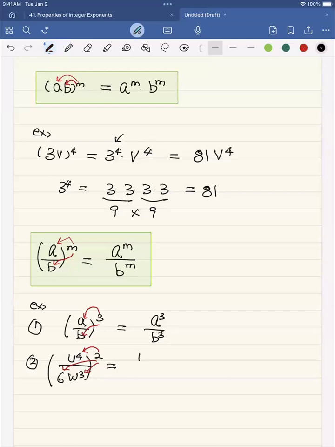So it becomes u to the fourth power squared over 6 squared times w cubed squared. So what does that mean? That is u to the eighth power over 6 times 6, which is 36. And then the powers must be multiplied together. So w to the sixth power.